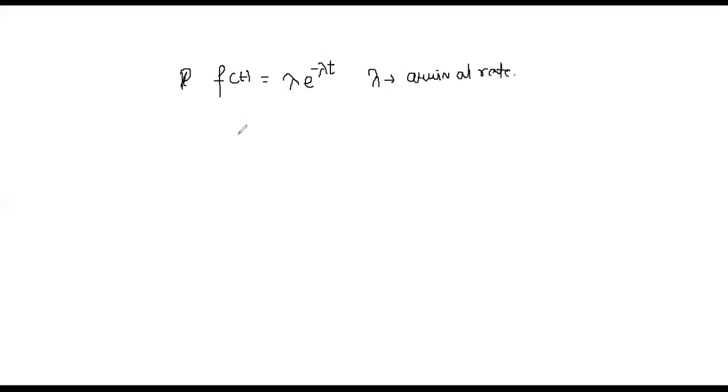Now, to find the probability that the inter-arrival time can be up to this t, that will be given by the integral of this, which is the area under the probability density curve, which I had discussed in the previous session.